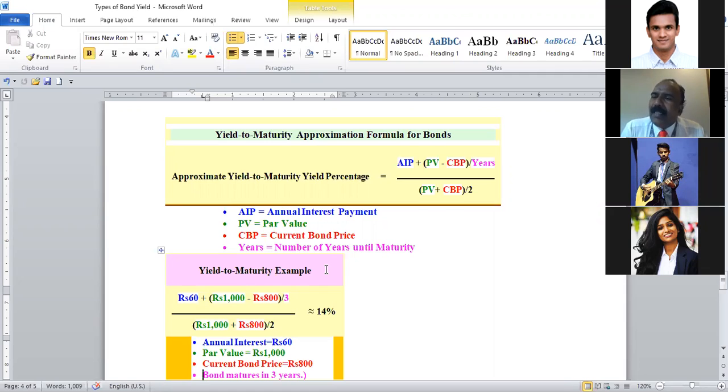Now, how to calculate yield to maturity?